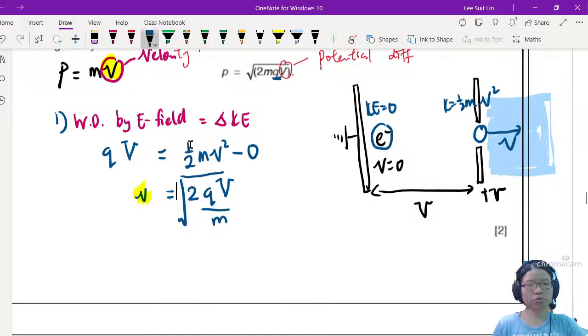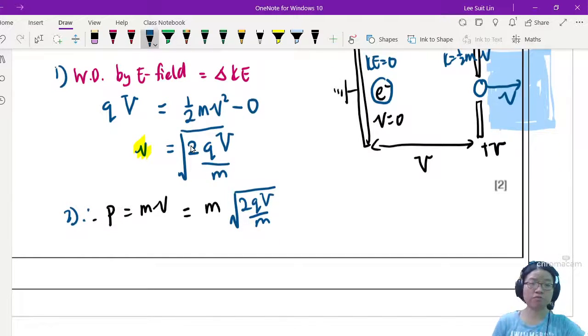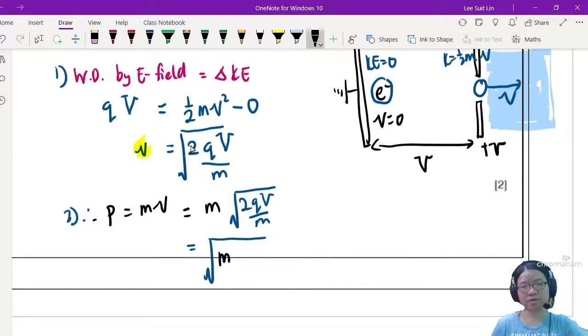So step 2, you can then say hence momentum is mv. So this will be m times the square root of 2qV over m. In order to get that expression, I need to bring this m into the square root. So I will change this m into m squared so that I don't change my value.